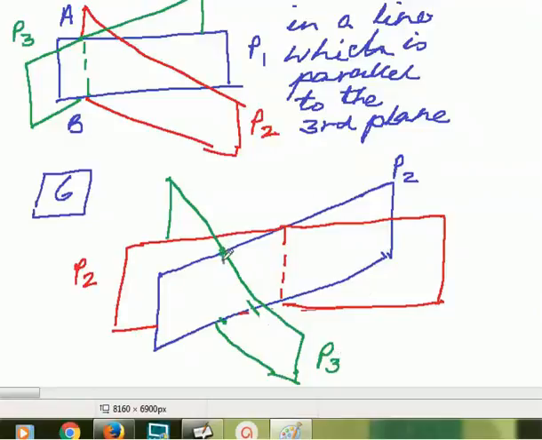This line is parallel to P3. So this is the situation.